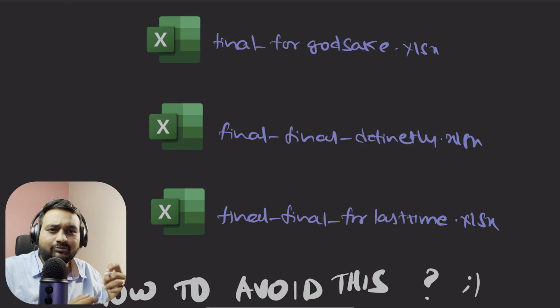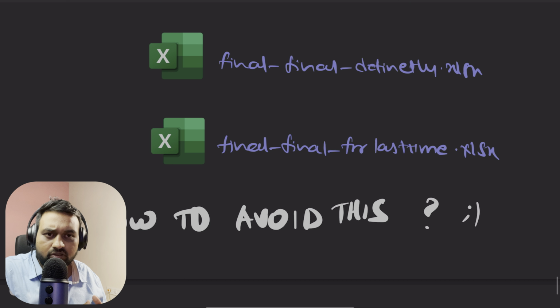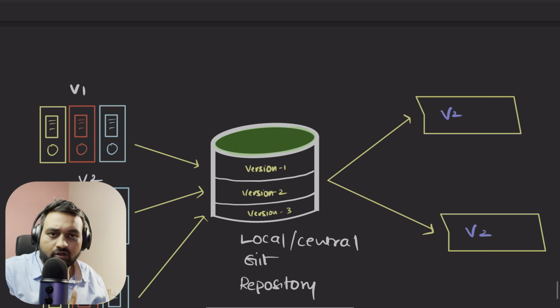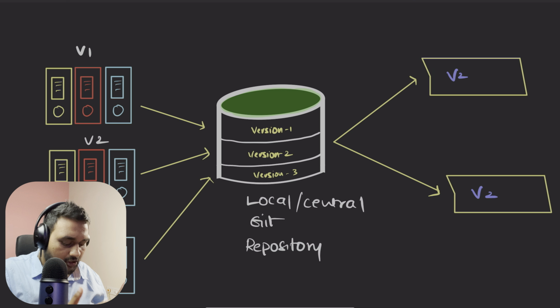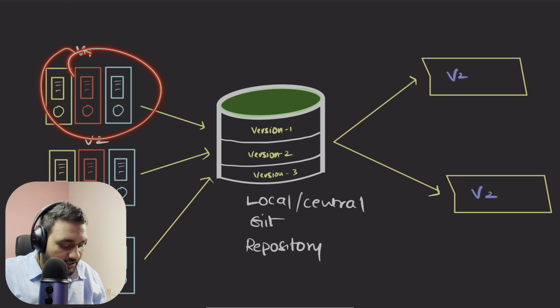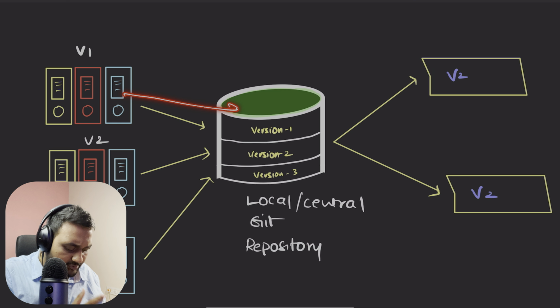I'm not going to show the complete setup details. I'll link a few tutorials or articles which will help you, but I'll show the links where you can go and download Git for your local machine. I'll just give you a gist of Git, or any version control system per se. Whether it's local or remote, more on this in later videos, you have a structure wherein all your files are stored as versions and committed into a central repository or a database.